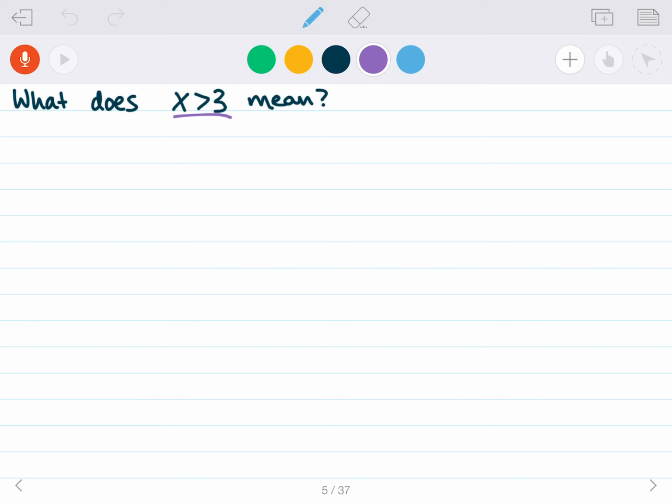Okay, what does this mean? X is greater than 3. So what this means, right, because it's not a number anymore, it's a variable, is that X is a set of numbers bigger than 3.